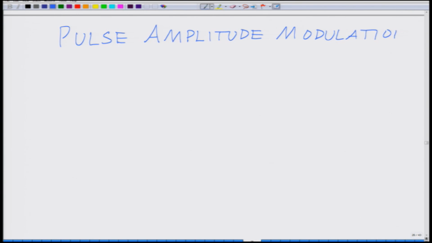We are looking at pulse amplitude modulation, where we have said that we have our original signal m of t.